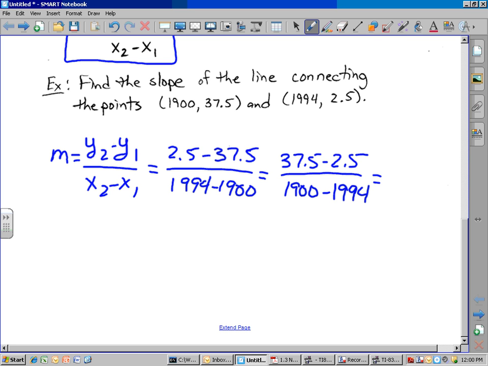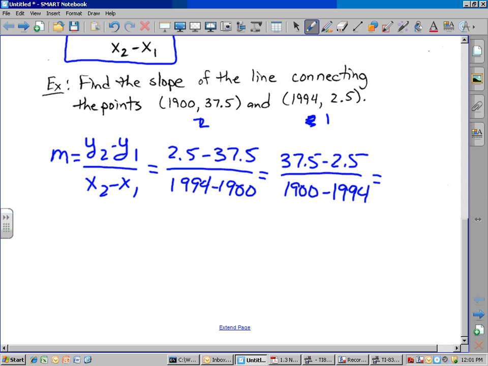What did I do different? One more time. Well, I switched the points more or less. When we did the 2.5 first, we were saying that this was the second point and this was the first point. Well, what if we decided this was the second point, and that was the first point? That's fine. Just make sure you keep the same order.